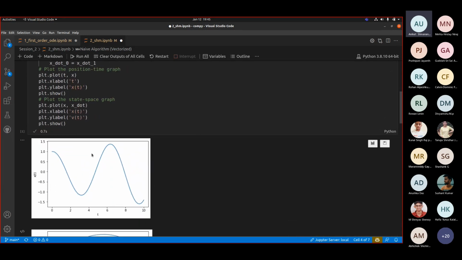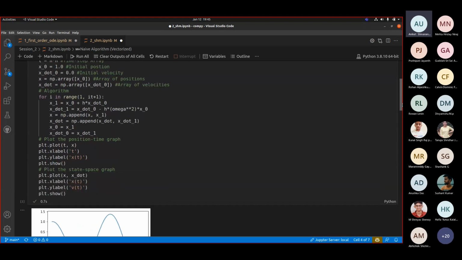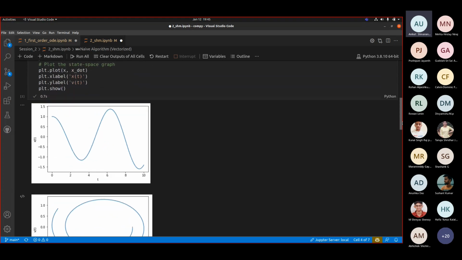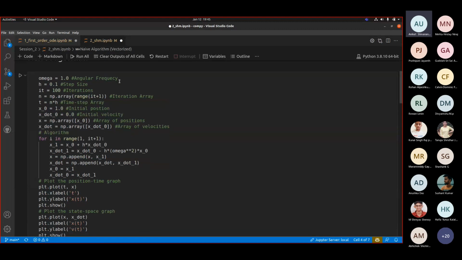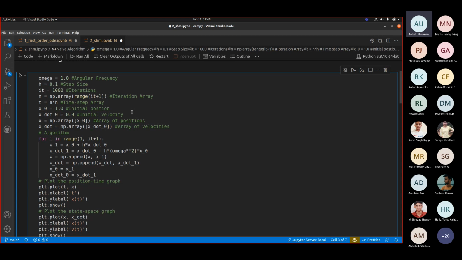Now you can see this is pretty much what we hope for. We know the solution to SHM is a sinusoid, and that is pretty much what we are getting, but not exactly, as you can see. If you look closely, there will be a difference, and I will tell you why in some time.